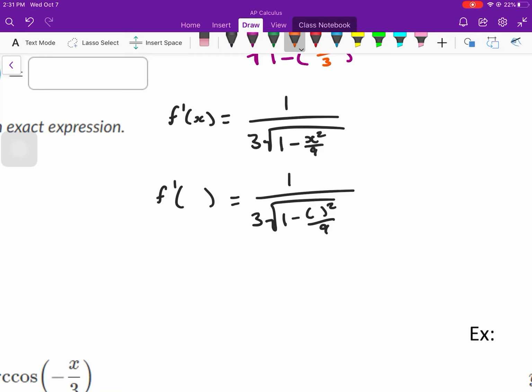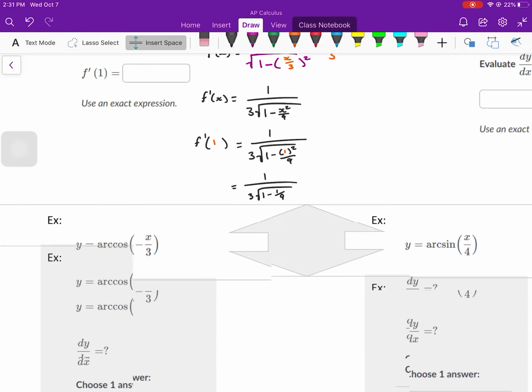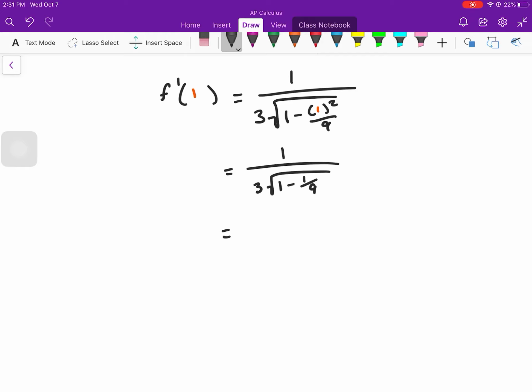And we're just going to substitute in a 1 for the x, and simplify it. 1 squared is 1, so 1 over 9. 1 minus 1 over 9 is 8 over 9.